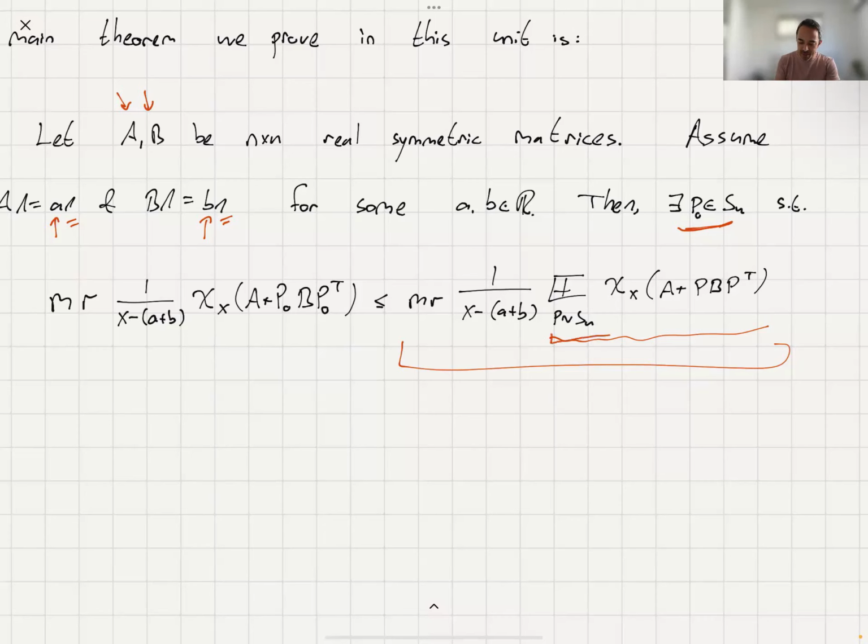I'm factoring out the obvious root common to all of these polynomials, because the all ones eigenvalue of A plus B is a root of each of these polynomials, and also of their expectations.